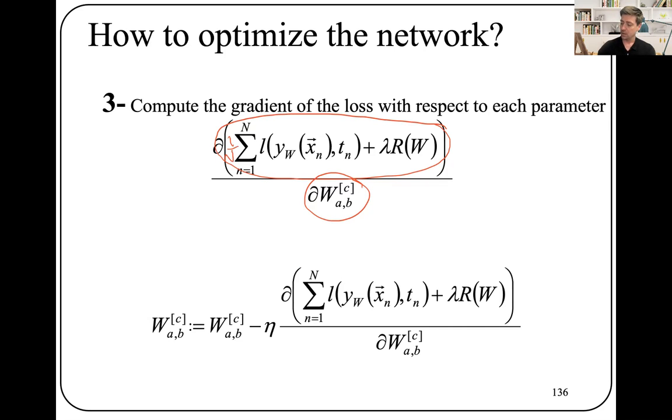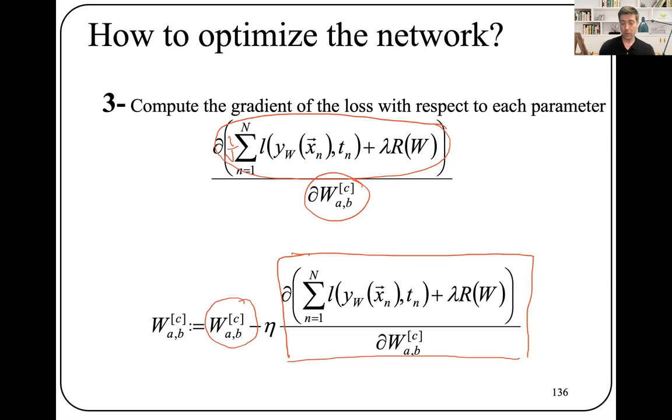Okay, so given this gradient, we're going to take the current value of each parameter, and we are going to subtract the value of the gradient. So here, this is a scalar because the weight is also a scalar. And so this is what we call the step.